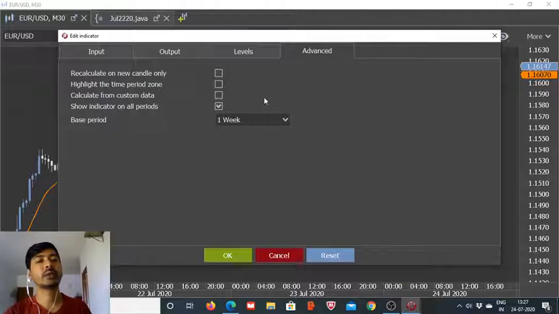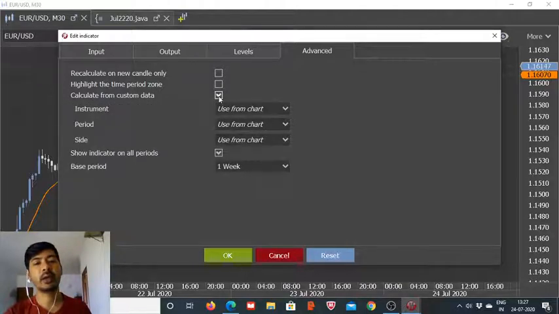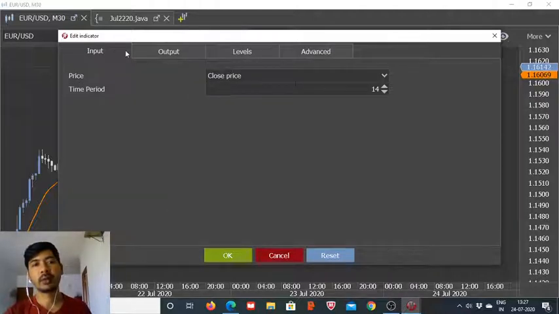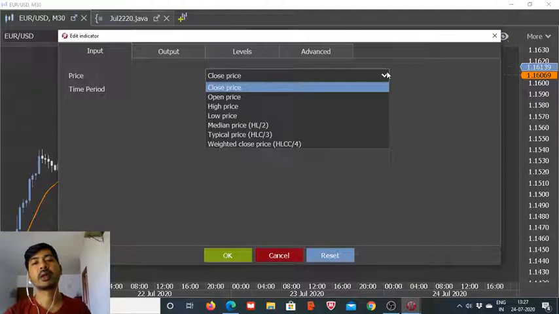So here you can try out those changes in these editing options, and calculate from the custom data. Okay, the applied price can be changed from here.